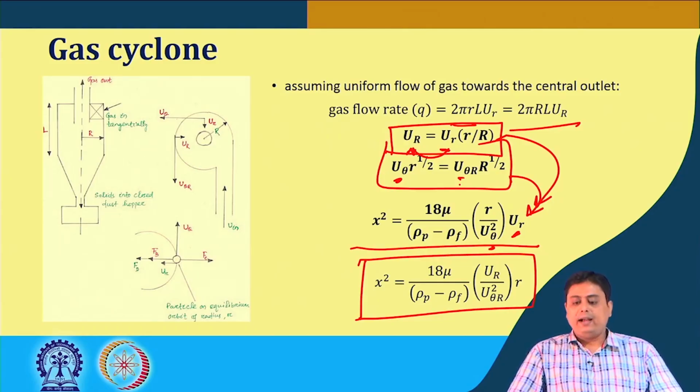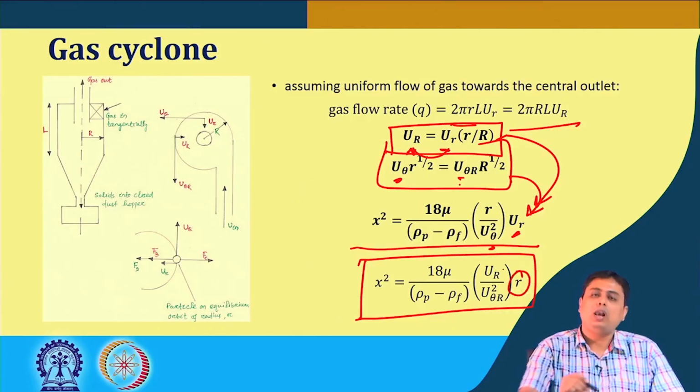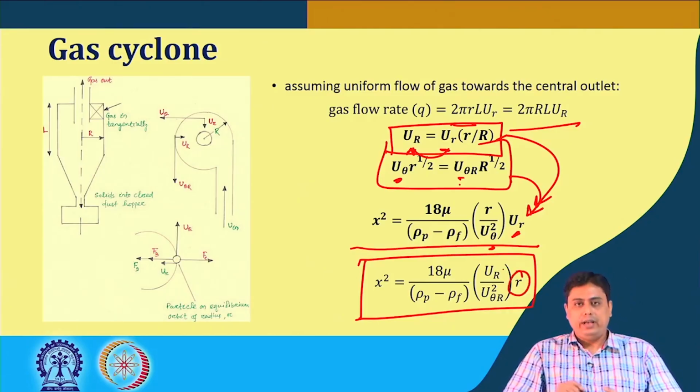Now the point is that this small r is still the radius of the orbit where a particle of diameter x has attained equilibrium, equilibrium between the three forces of drag, buoyancy and the centrifugal force.